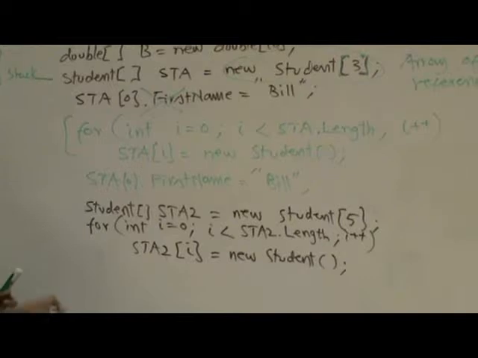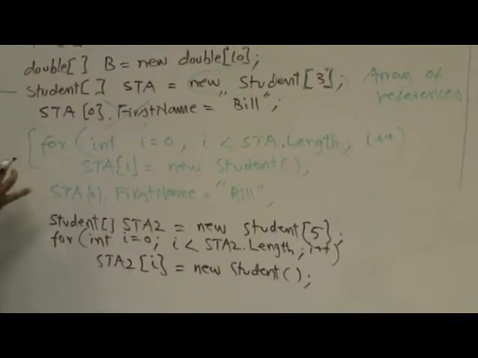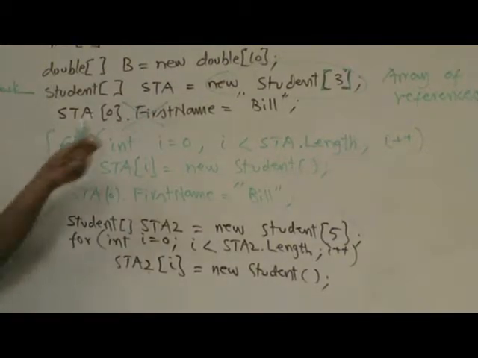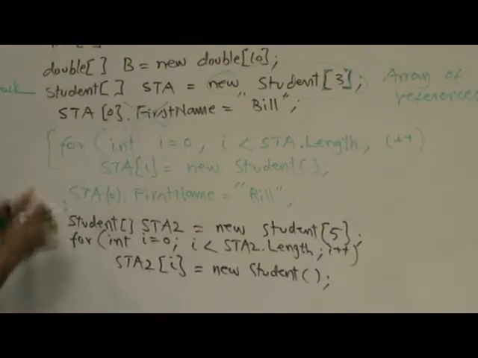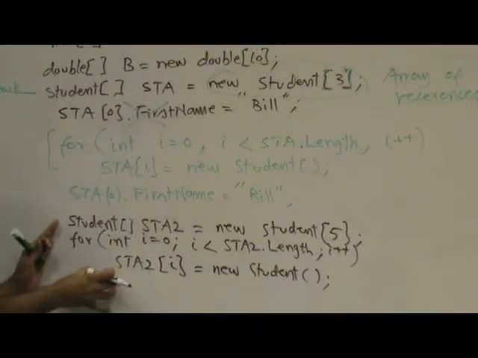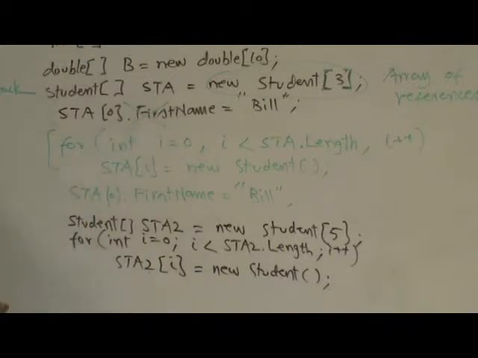Now the first 3 students are already stored in this old sta array, correct? So we'll have to copy the data for all the old students into the new array. sta2 is our new array, sta is our old array.